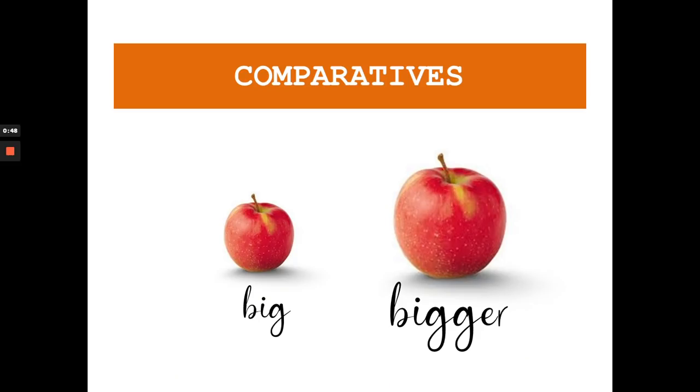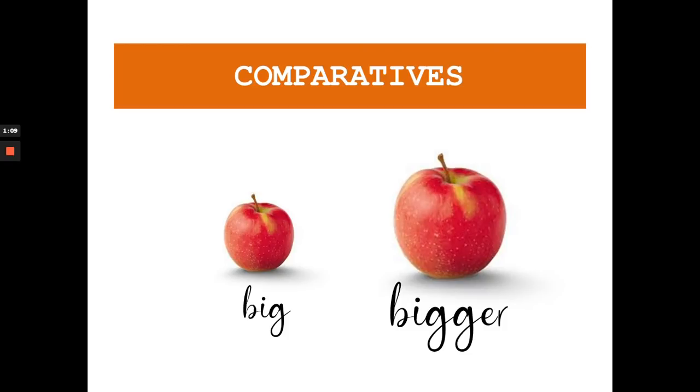Let's move on to the next slide. For comparative, it shows comparison between things. On your screen, you see two apples. One is big, another one is bigger. Let's say you say your apple is big, but mine is bigger.